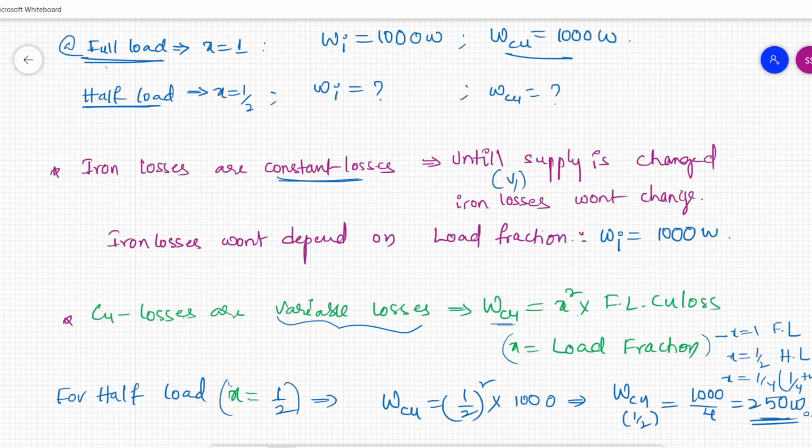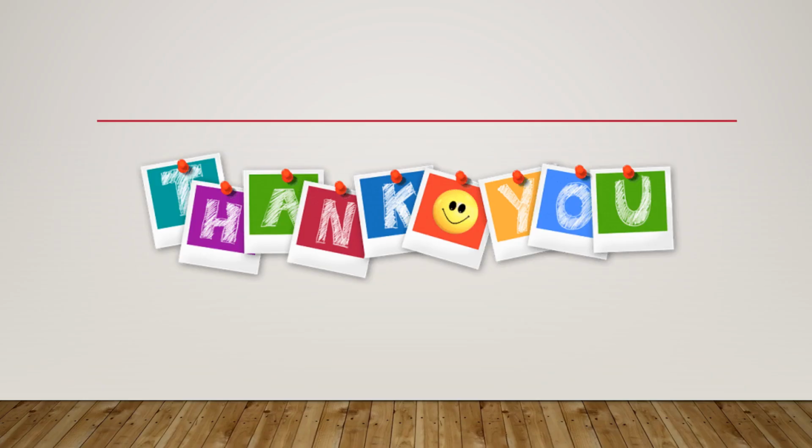This is how the copper loss changes with respect to load, but iron losses won't change with load, they change with respect to supply voltage. So this is about losses in a transformer. In the next class, we are going to see about the efficiency of a transformer. I hope you understand. Thank you.